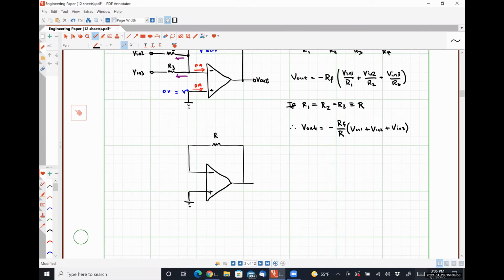Let's call this R. Here's our output voltage, and this will for sure be a time varying quantity. And then over here, we're going to put a capacitor. And this will be Vn of time.